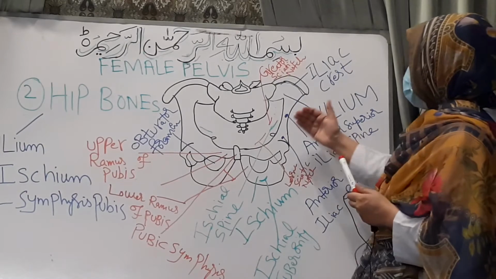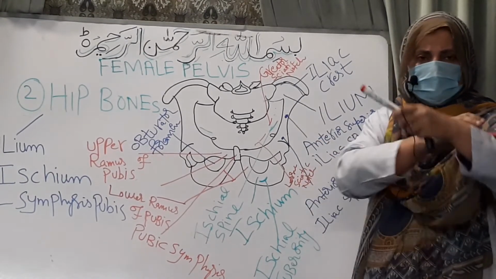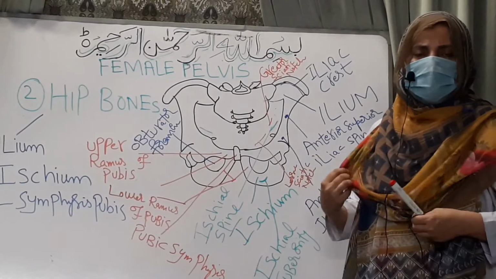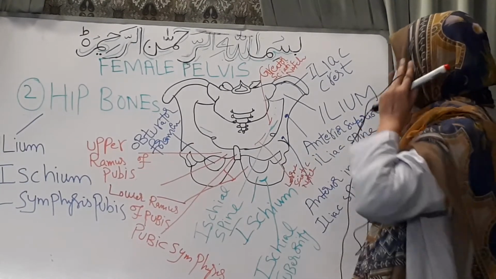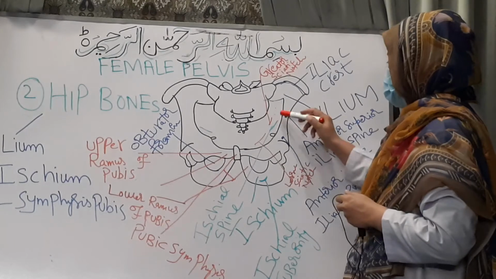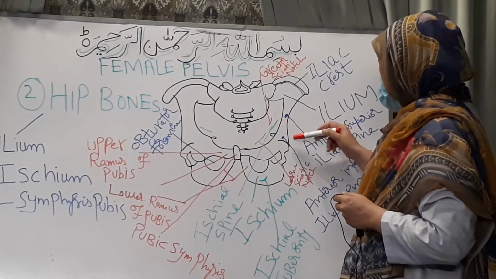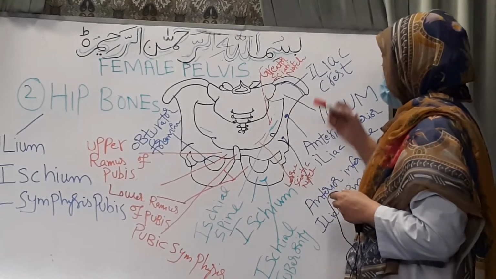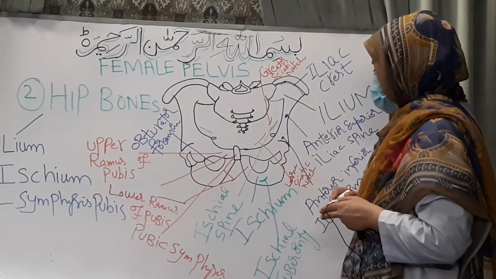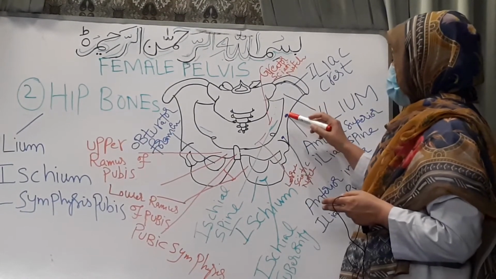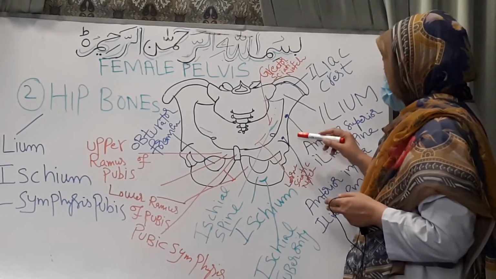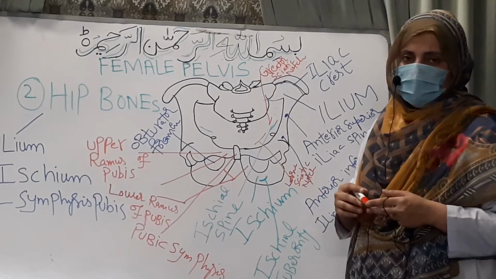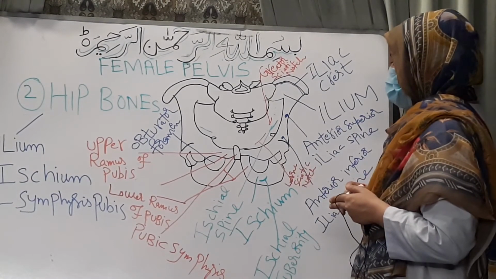The greater sciatic notch and lesser sciatic notch are visible on the behind or posterior view of the female bony pelvis. The greater sciatic notch lies between the posterior inferior iliac spine and the ischial spine.